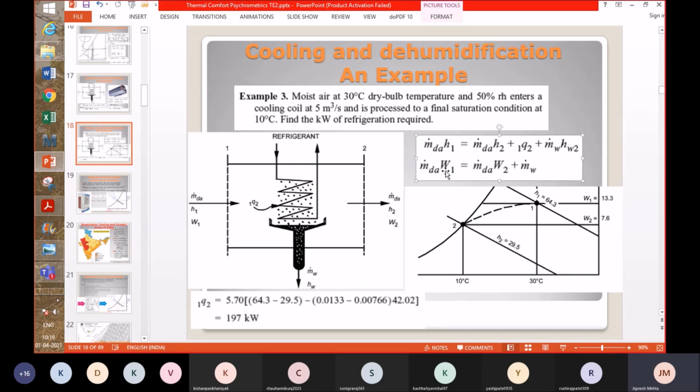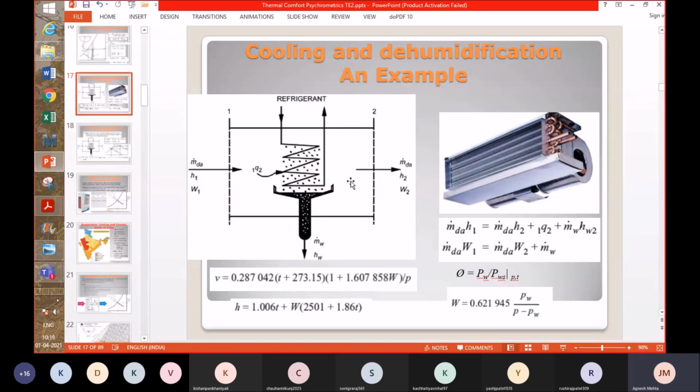Now, how much would be W1? How can you get W1? The dry bulb temperature and RH are given. So as shown in the previous slide, based on the dry bulb temperature, you can get PWS, the water vapor pressure at saturation, right? That you can get from the saturated properties of water.